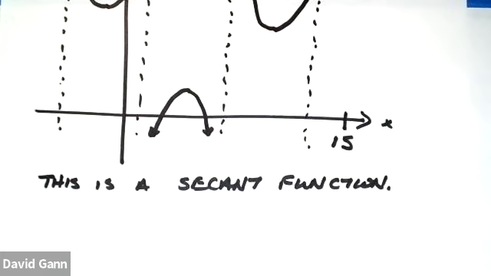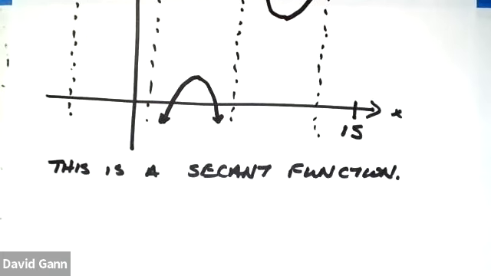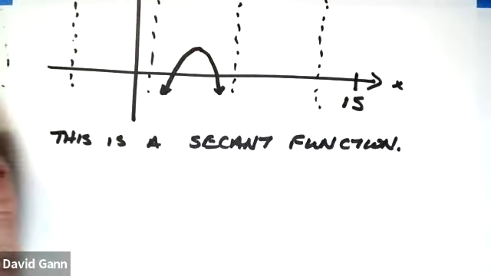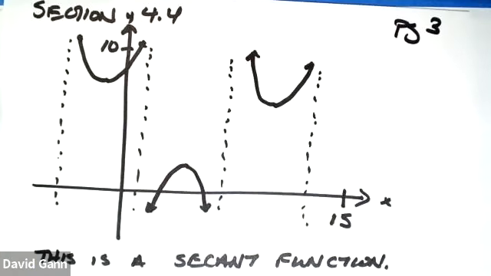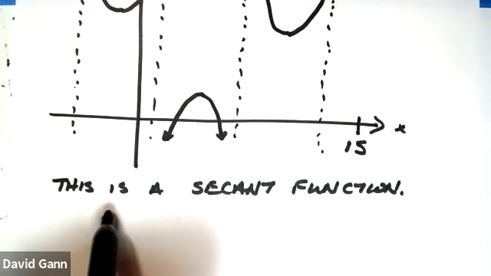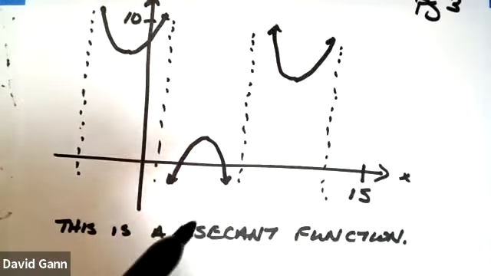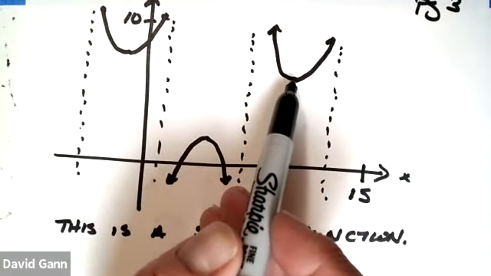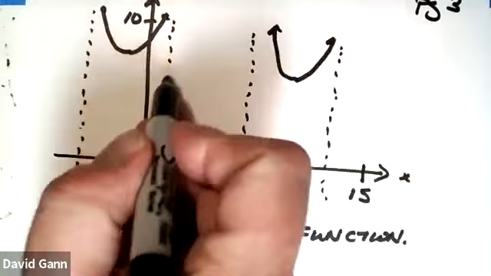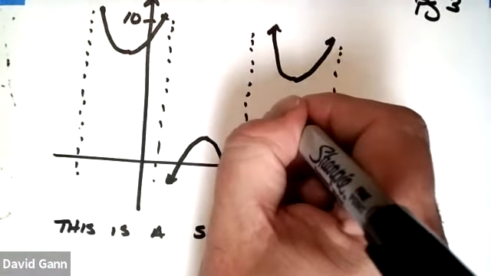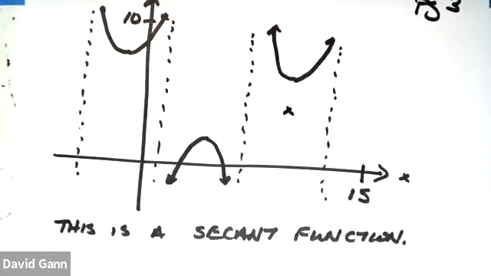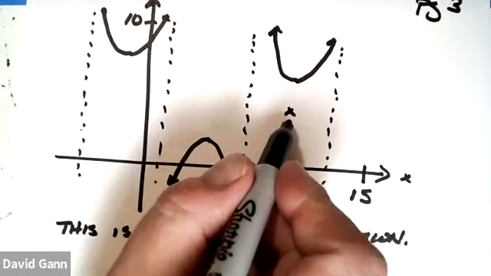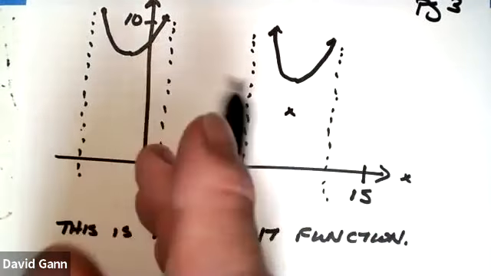We don't need to get into that too much, but in this particular case, let's use that specification that we'll find the least positive value of C. If it's a secant function, remember the normal origin occurs below the upward branch at its lowest point. So splitting the difference here, we know that that's C and D, and it's the least positive value of C, because this one's actually going to be a negative.